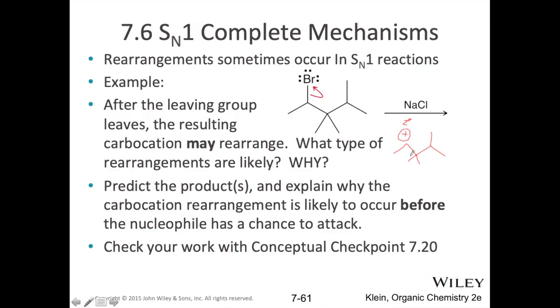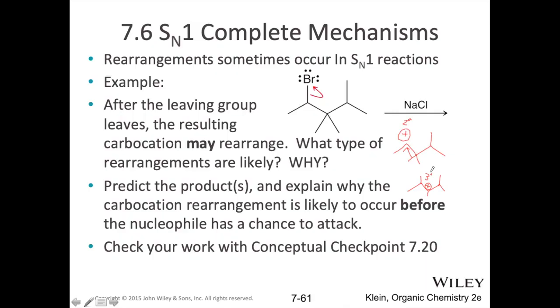And so that's what happens. We do a methyl shift. One of these methyl groups moves over, and we wind up getting this as our carbocation. And notice that now we have a tertiary carbocation, which is going to be much more stable. Okay, so that's something to keep in mind.